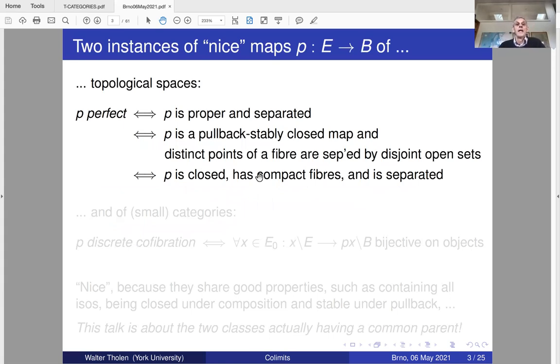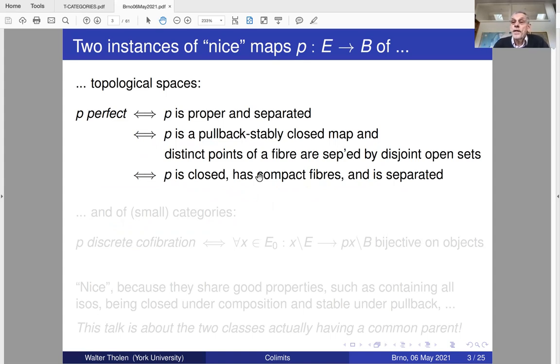Okay. So what are the nice maps, perfect maps? A map of topological spaces is perfect if it is simultaneously proper and separated. Proper in the sense of Bourbaki means it's a stably closed map: every pullback of it is closed.